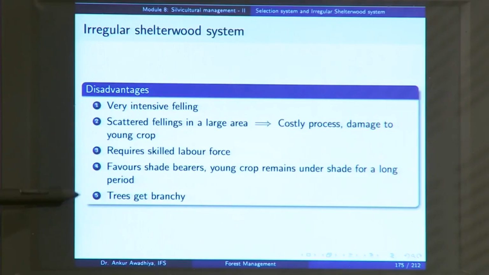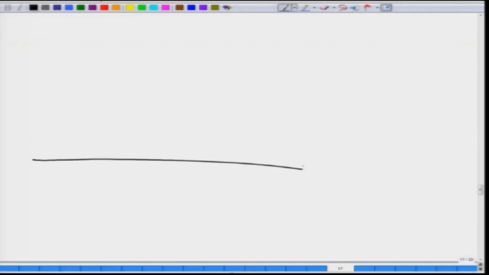Then another disadvantage is that the trees get branchy in this situation, because things are so confusing, so haphazard, that in a number of cases the trees get branchy. Now, this is unlike in the case of an even aged forest, such as a clear felling forest. In the case of a clear felling forest, you were raising these young plants and they were close together and they were competing against each other.